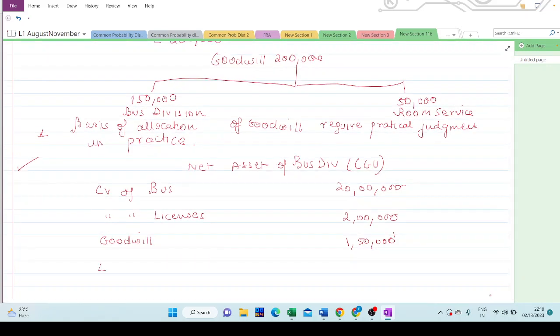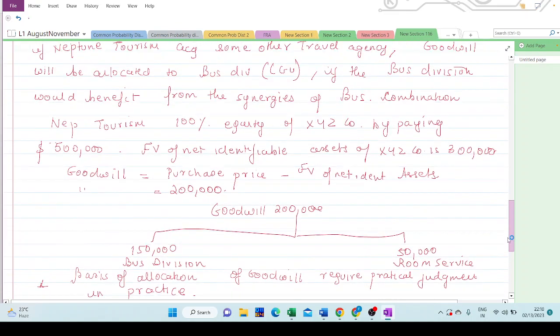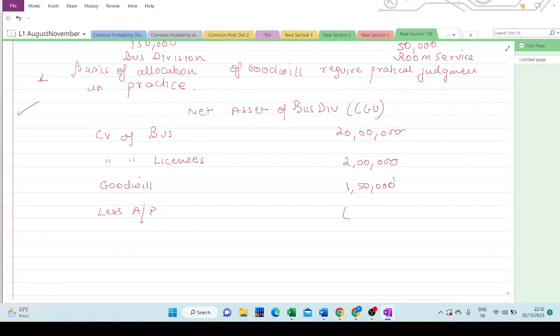And less accounts payable, which is how much? 1 lakh. So how much does this come to? 20, 22, 23, 50. Okay. So this is the carrying value of net assets, not net identifiable assets.